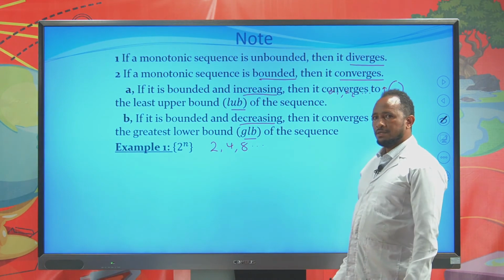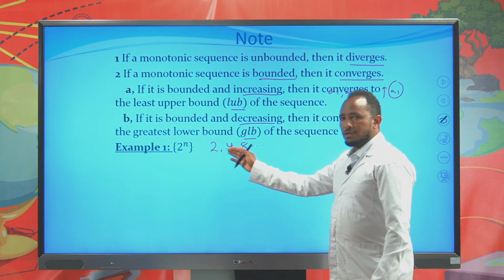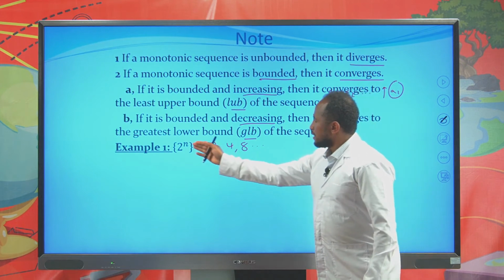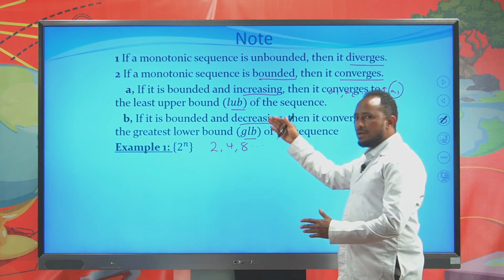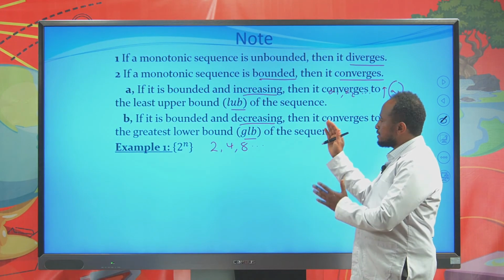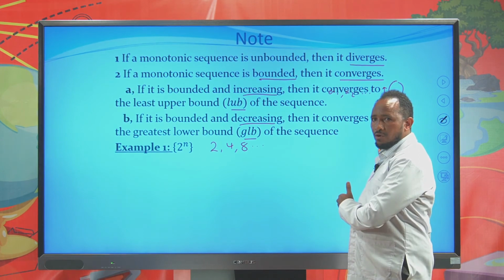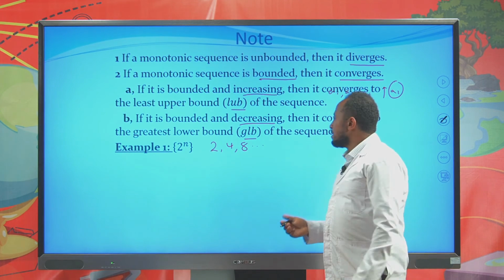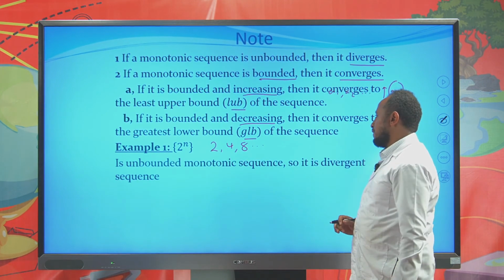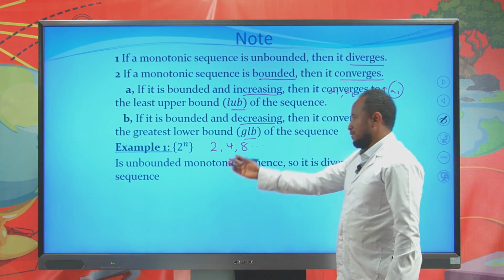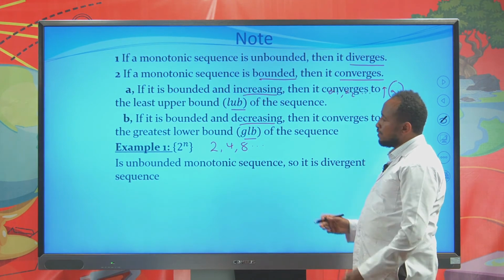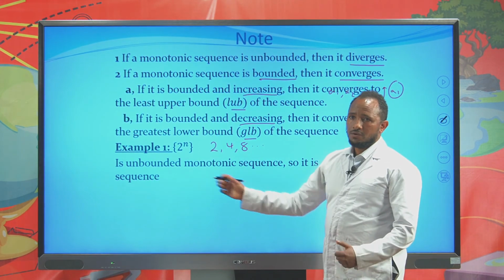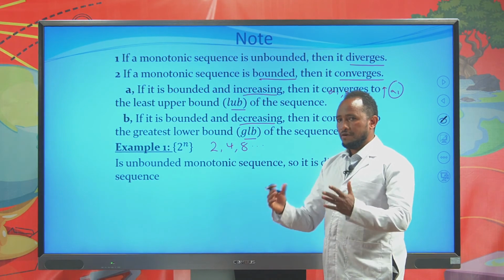But this sequence is not bounded, because at infinity this number is getting bigger and bigger. It has no upper bound. So this is not a bounded sequence. Therefore, this is an unbounded monotonic sequence. So it diverges. An unbounded sequence always diverges.